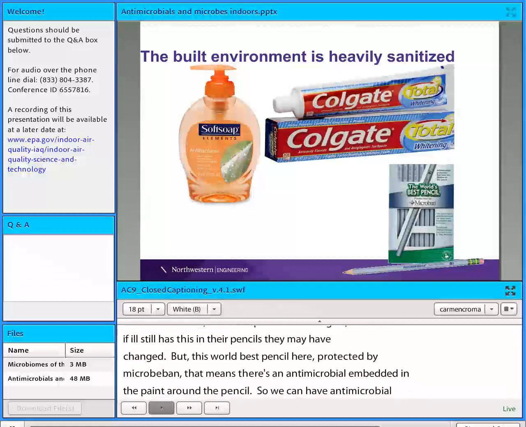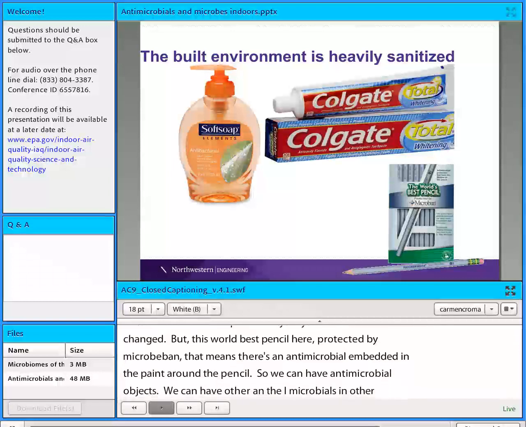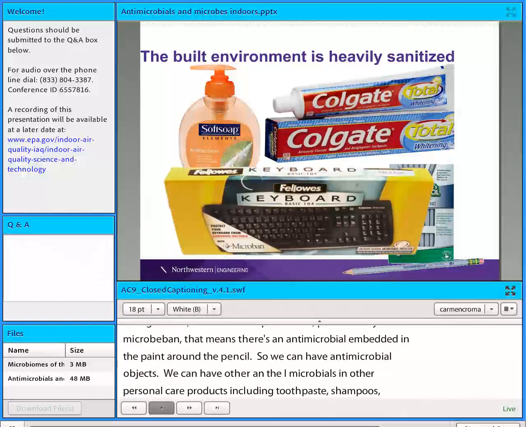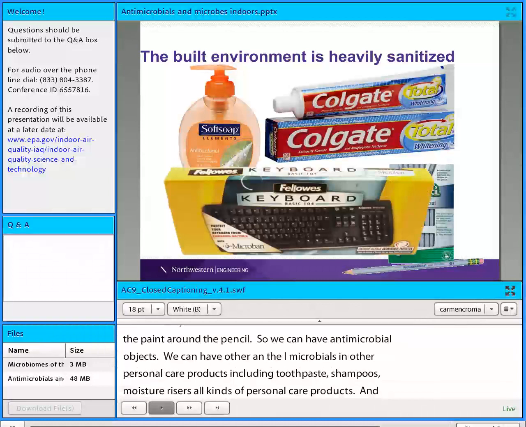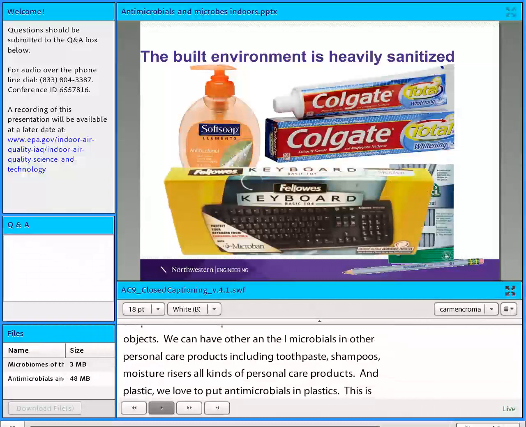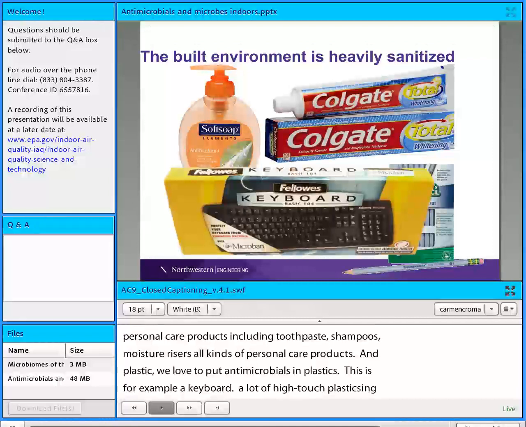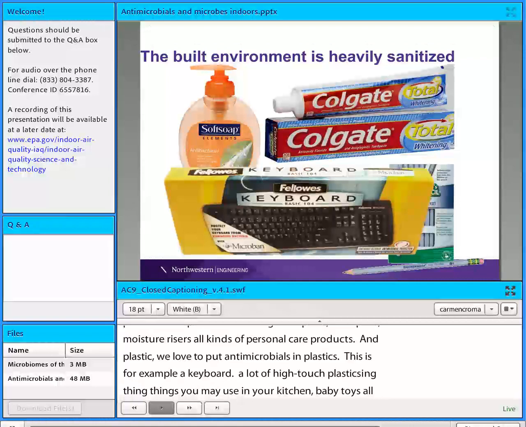We can have other antimicrobials in other personal care products, including toothpaste, shampoos, moisturizers, all kinds of personal care products. And plastics. We love to put antimicrobials in plastics. So this is, for example, a keyboard, but a lot of high-touch plastics, things that you might use in your kitchen, baby toys, all kinds of objects within our built environment also have antimicrobials embedded into the material itself.